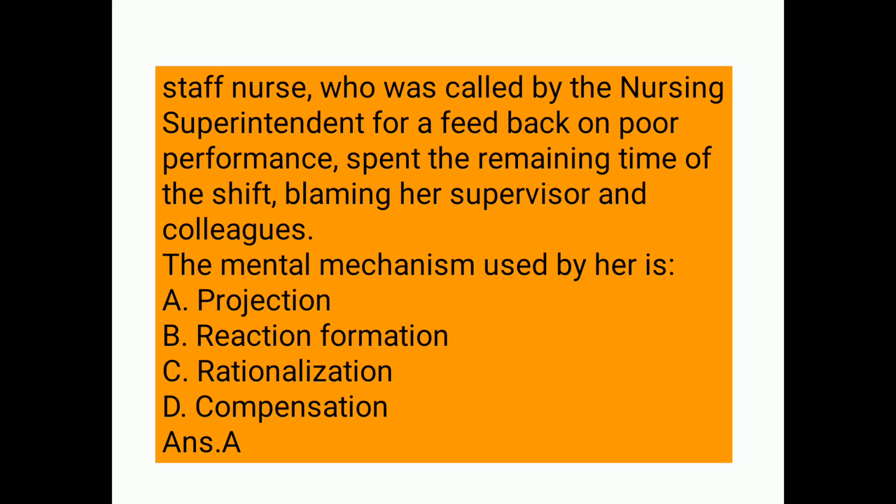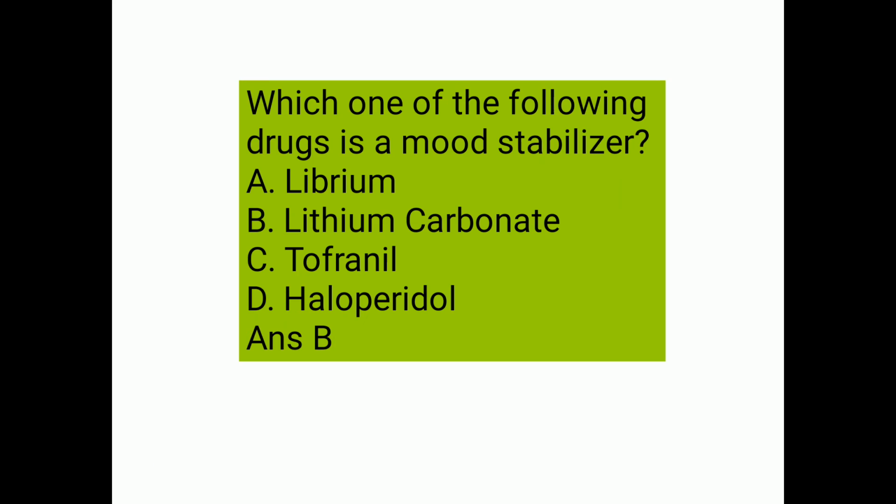A staff nurse who was called by the nursing superintendent for feedback on poor performance spent the remaining time of the shift blaming her supervisor and colleagues. The mental mechanism used by her is? Options are: projection, reaction formation, rationalization, compensation. Answer is option A, projection.